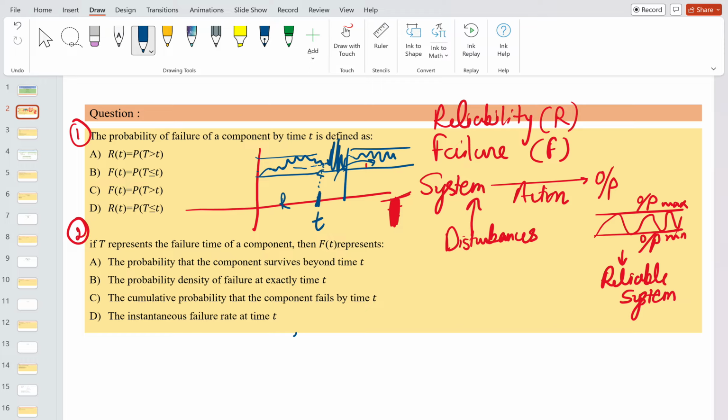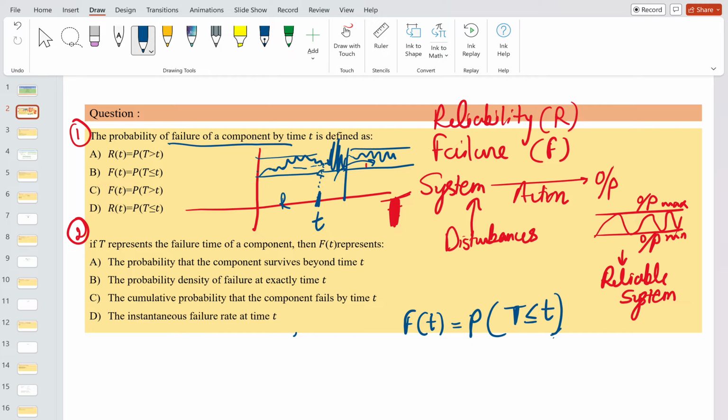So the basic definition: how to define the failure rate. Here you also have the failure of a component. The failure of a component at a particular time t is equal to the probability that time T is less than or equal to t.